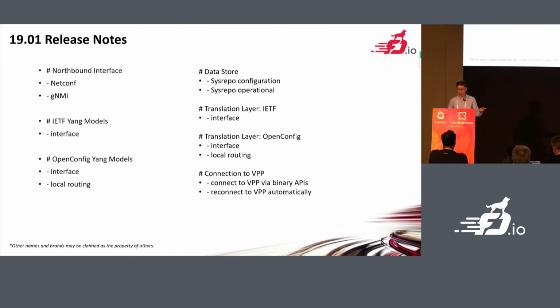For OpenConfig Yang models, we support the interface and the local routing. For the data store, we integrate the sysrepo configuration and operational data store. And also, we have translation layers such as the IETF interface and OpenConfig interface and local routing. We also provide a connection to the VPP and reconnect.